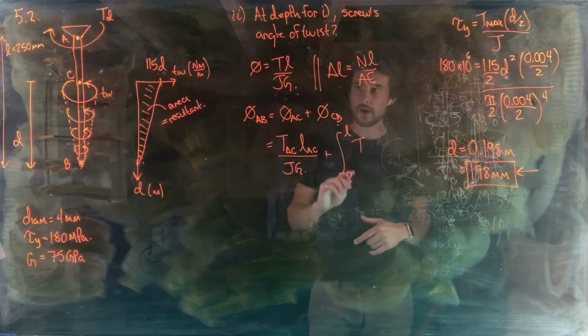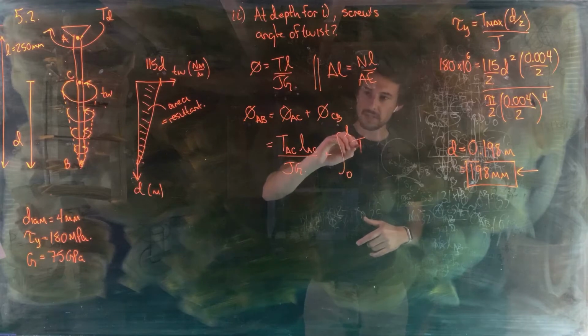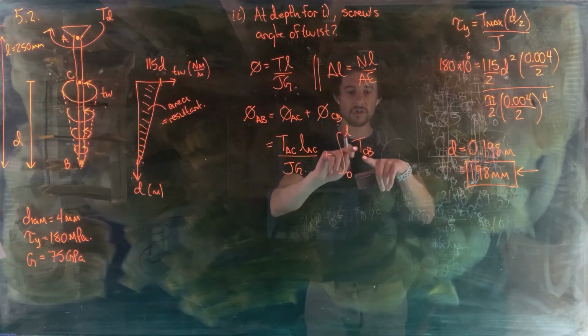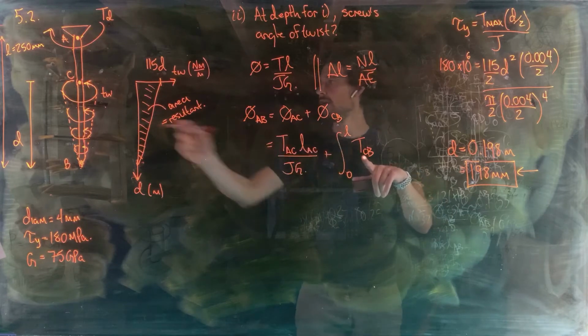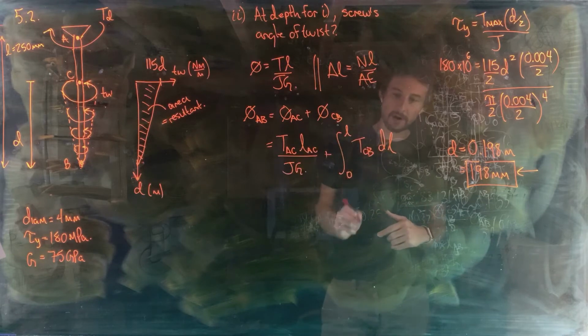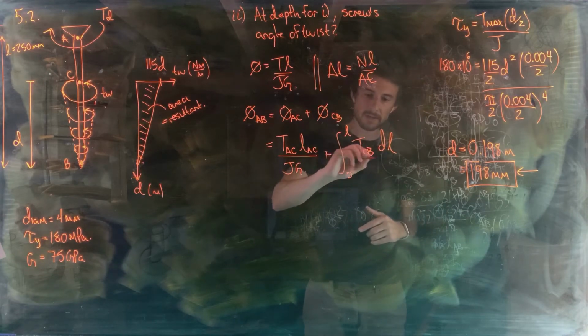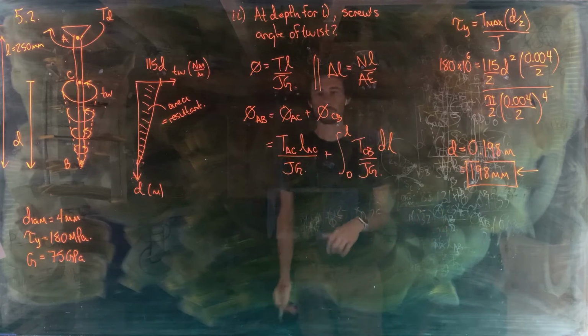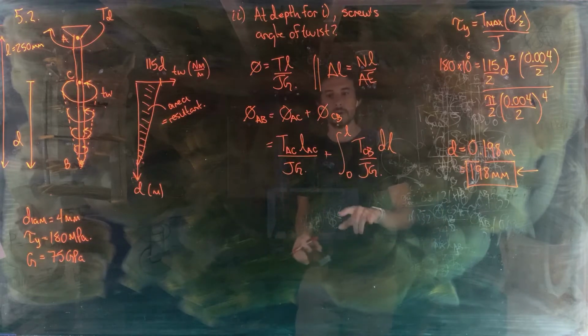And then we've got our internal torque, T CB. This is going to be an equation that describes how the internal torque in segment CB varies with length. The variable that we're taking the integral with respect to, over, again, J and G.